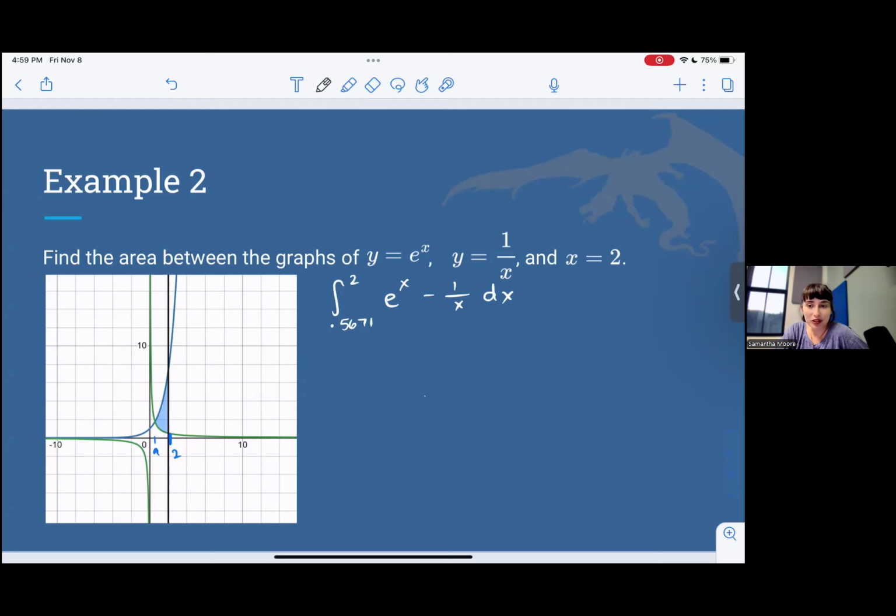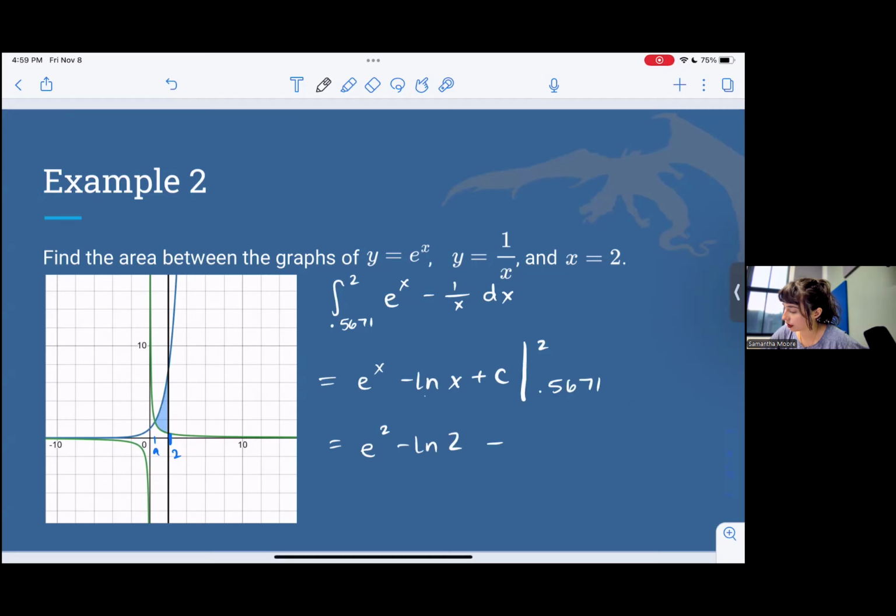All right, at this point, this is an integral that we know how to do. So we're going to take the antiderivative, which is e to the x minus natural log of x plus c. We're going to plug in our bounds of 2 and 0.567. And so at the end of the day, you should get e squared minus natural log of 2.